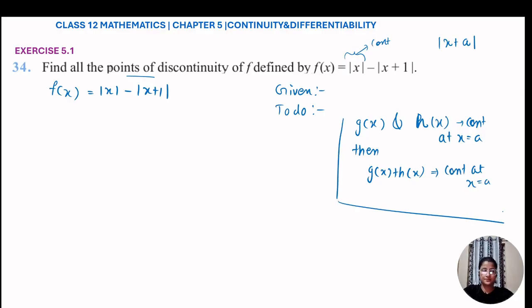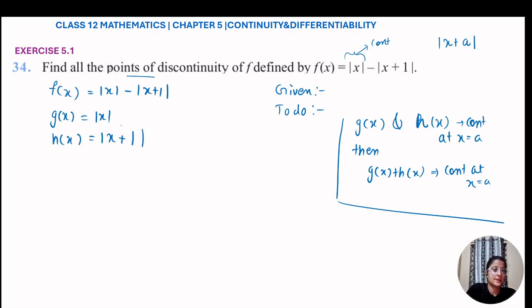Let's begin. Our function is defined like this. Suppose you take g of x as mod x and h of x as mod x plus 1.